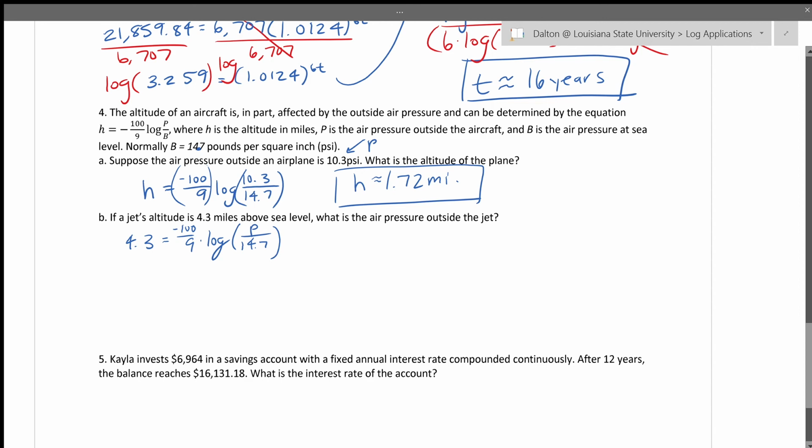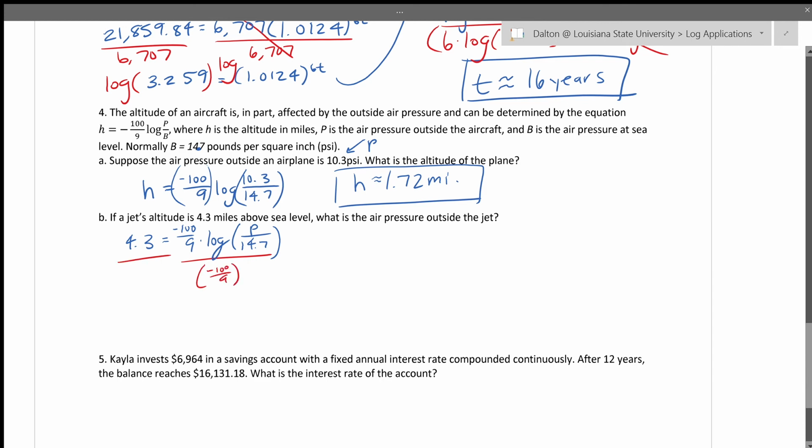So our goal is to get P by itself. So again, even though this is not an exponential, a logarithm is an exponent. You kind of have to think about it that way. So I want to go ahead and isolate this log term first. So you can do that, think about it a couple different ways. This number out front's being multiplied, so I'm going to go ahead and divide both sides by negative 100/9.